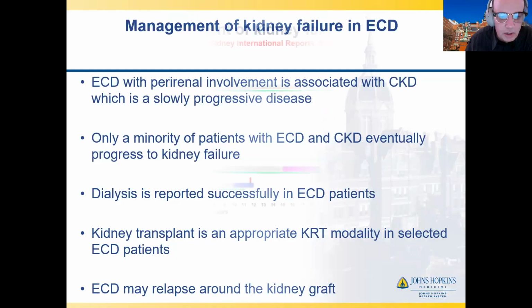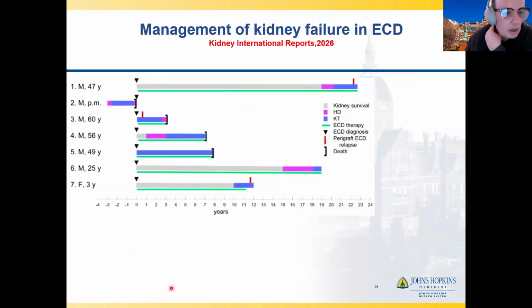And I'm going to show you that this is also Harouche from France, who described those 7 patients who had kidney transplant with Erdheim-Chester. And I'm just going to show you that this patient was actually diagnosed with Erdheim-Chester after his death. So this was a post-mortem Erdheim-Chester diagnosis. So here, if you look at the markers, this black bracket is called death.